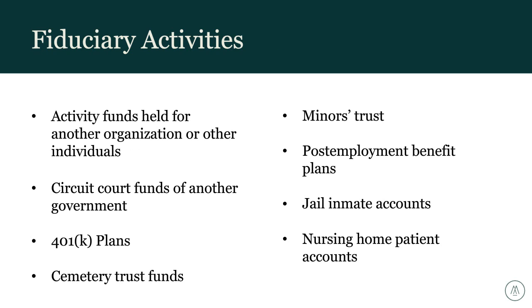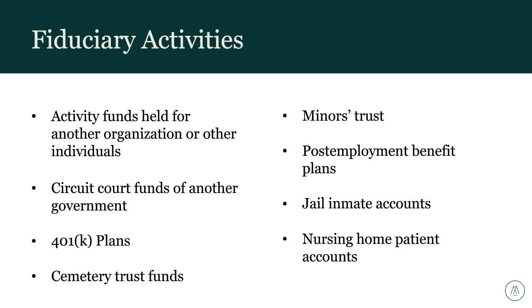Some examples of fiduciary activities that should be evaluated for potential inclusion in the fiduciary funds include items such as activities held for another organization or individuals, circuit court funds of another government, 401k plans, which is one activity that I believe to be widely diverse in practice right now, so maybe some clarification there.